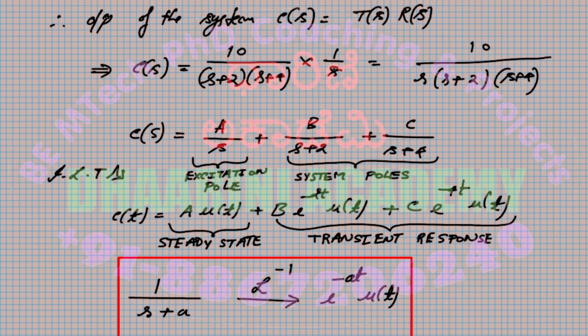That means as the time goes to infinity, the transients decay. You can find damped oscillations. Generally we say that the system will be damped, so such systems are the stable systems.